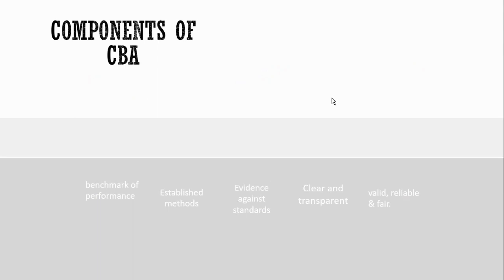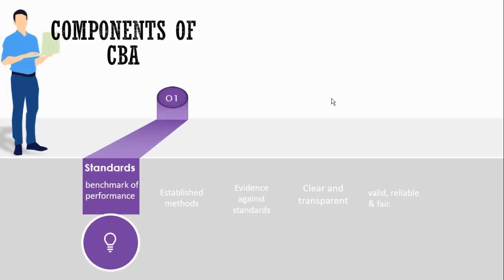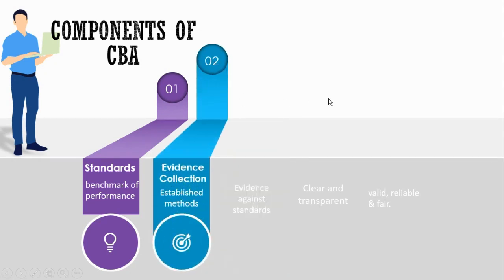So, what are the components of competency-based assessment? Number one is standards, and we cannot overemphasize standards because these have already been identified in our occupational standards. Standards are the benchmark of performance. So they're saying a candidate is competent on which standards or benchmark of performance. Number two is evidence collection. Again, you're seeing issues of evidence.